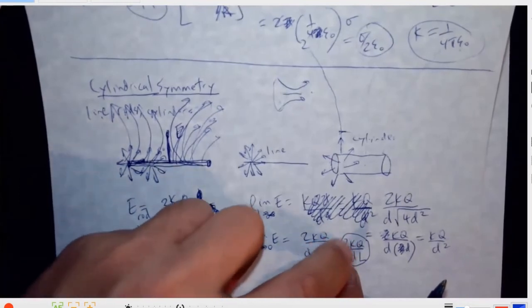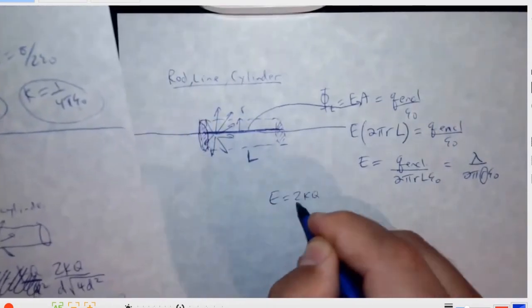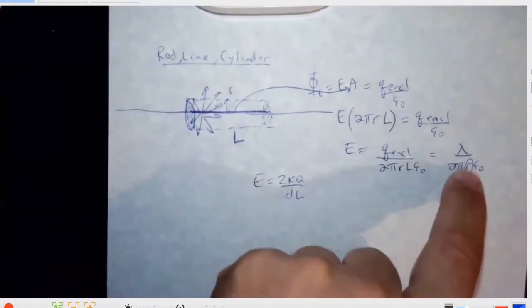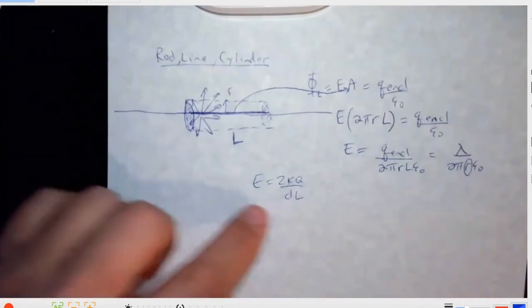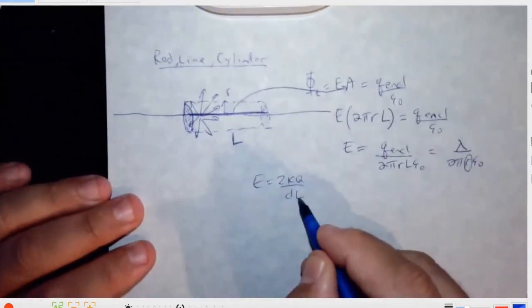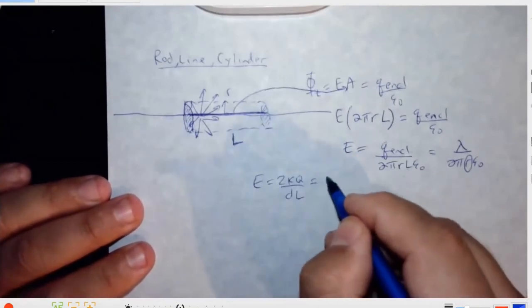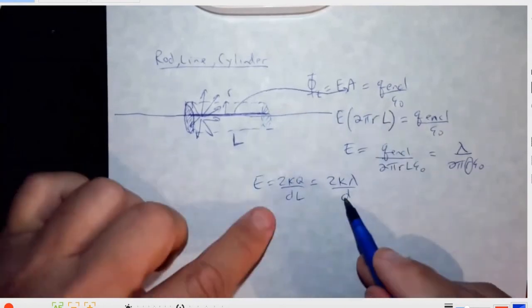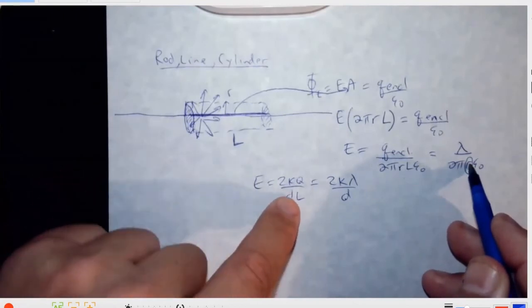So 2kq over dl, let's write that here. 2kq over dl. That should be the equation that we just derived. It looks very different, but it should be the same. Q over L is what? The linear charge density of the rod. D is the same thing as what I'm calling R here, because D is the distance from the rod.